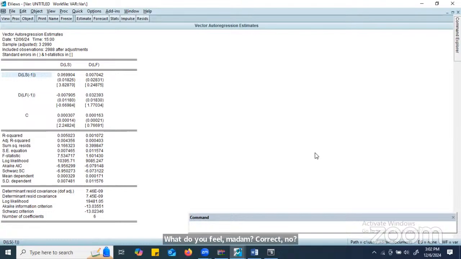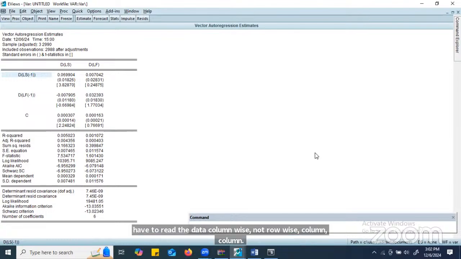Okay. Now look at the result on your screen. Look at the first equation. You have to read the data column-wise, not row-wise. It's a pivot table.